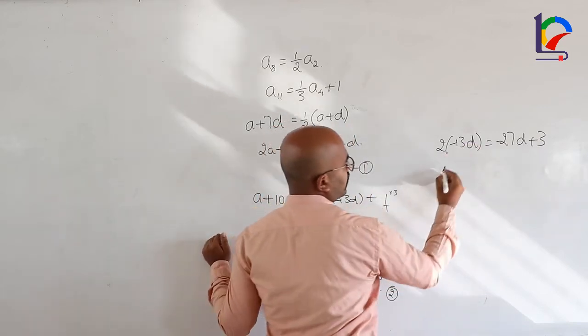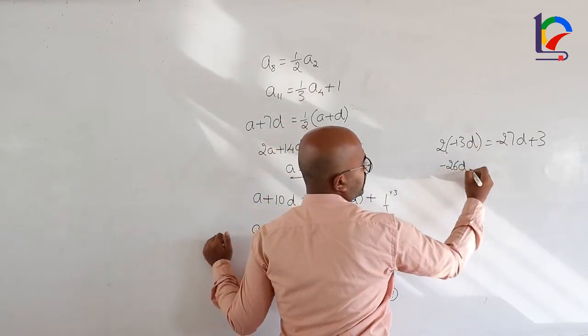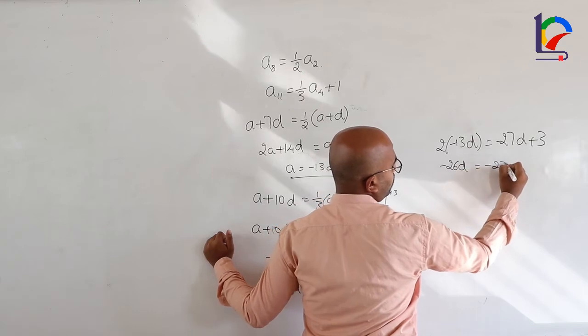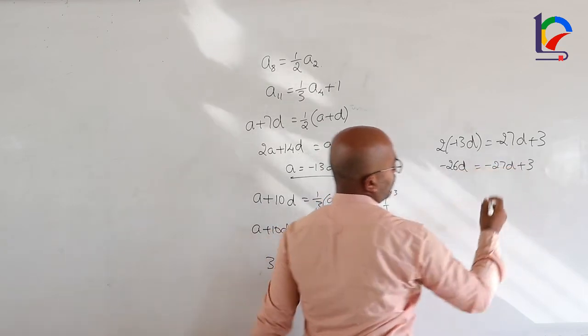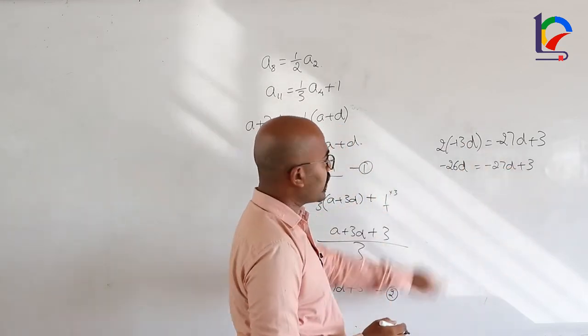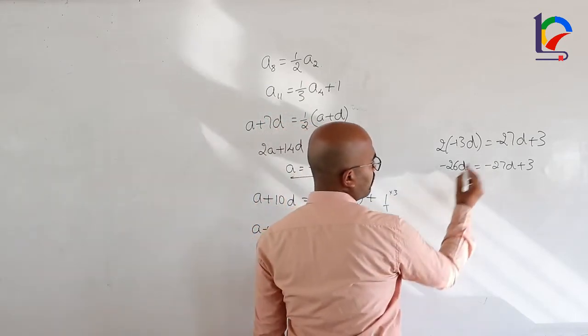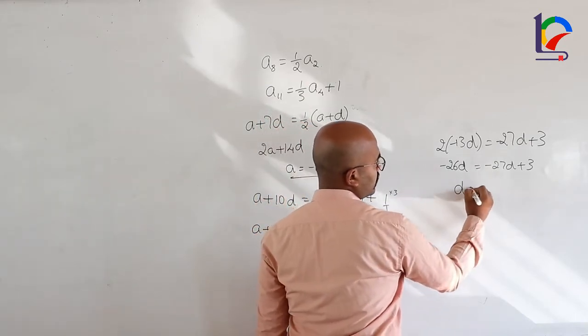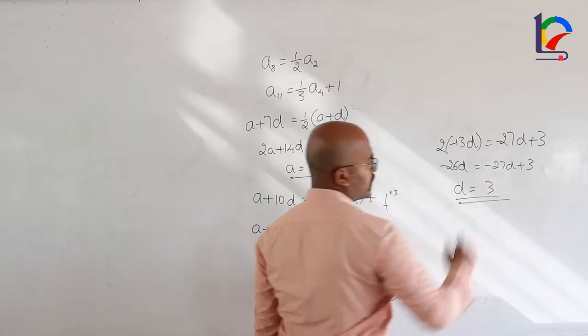So 2 into minus 13 is minus 26d is equal to minus 27d plus 3. When I take minus 27d to the LHS, it will be 27d minus 26d, so d is equal to 3.